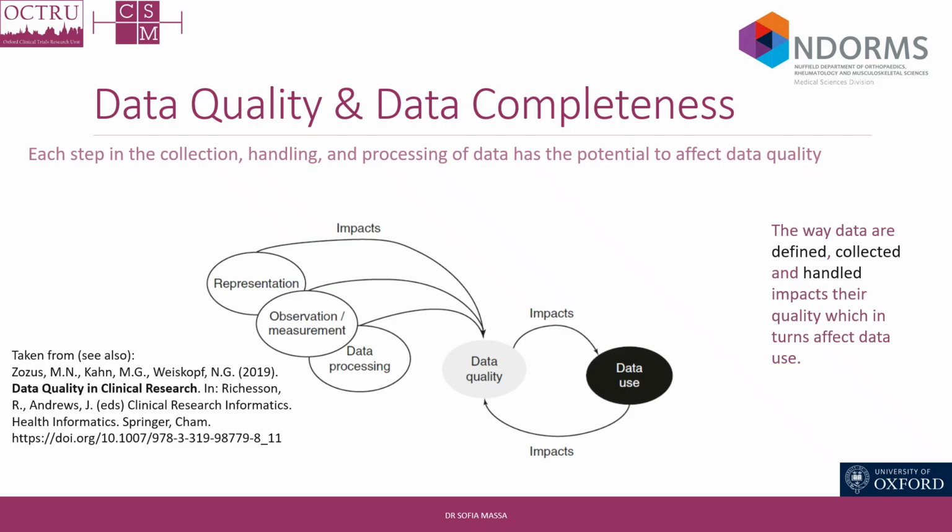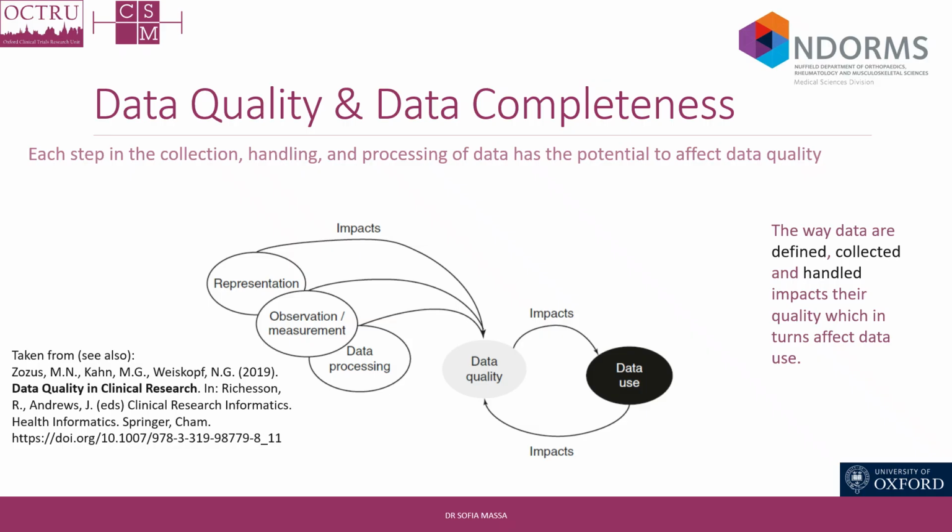Let's have a few considerations now about data quality and data completeness. Again, in order to set up a data collection system and decide on the data to be collected, there needs to be quite strong communication with the IT team available in the clinical trials unit, for example, because the way the data are defined, collected, and handled impacts the quality, which in turn affects data use.